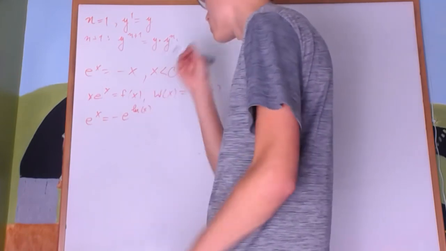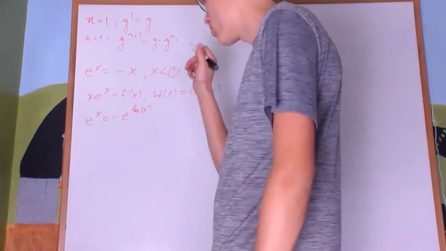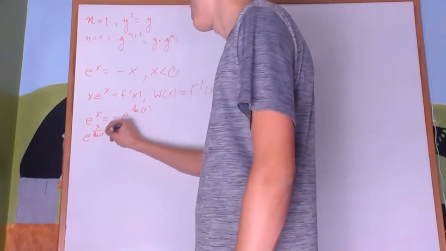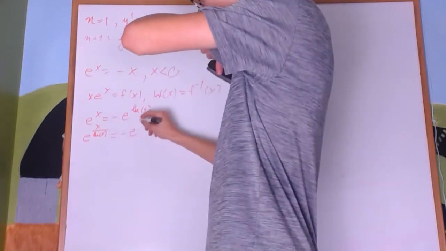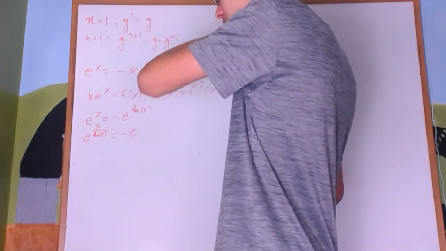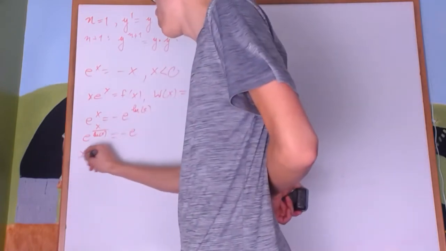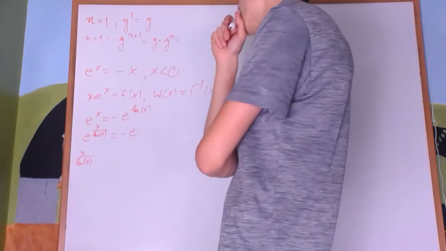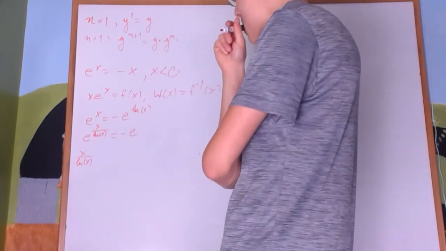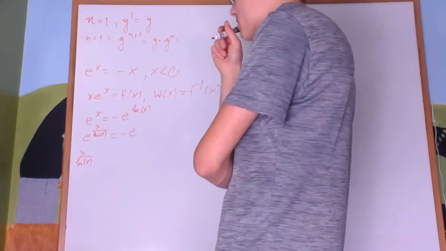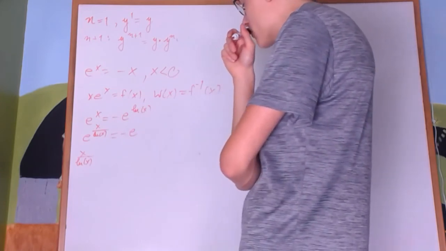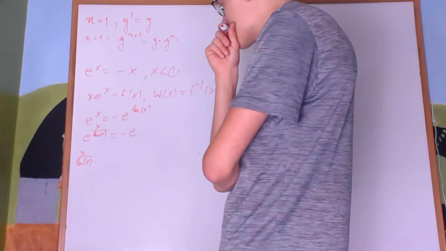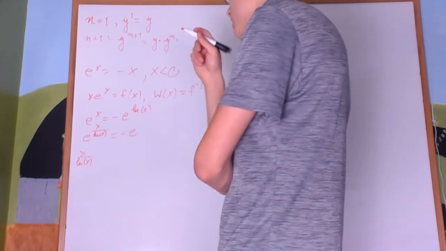Raise both sides to the power of 1 over natural log of x. Then multiply by x over natural log of x again on both sides. That wouldn't help. That was the trick I used in the other video. So, yeah, I don't know how to do it.